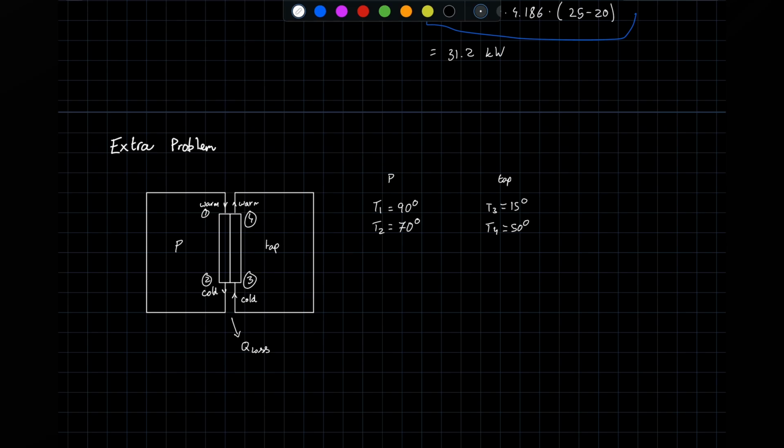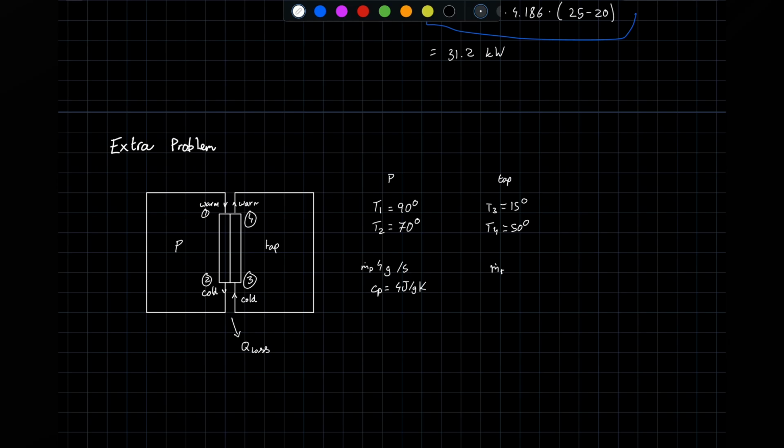We were also given flow rates. So here your primary loop has a flow rate of 4 grams per second with a specific heat capacity of 4 joules per gram Kelvin. This is mCp.